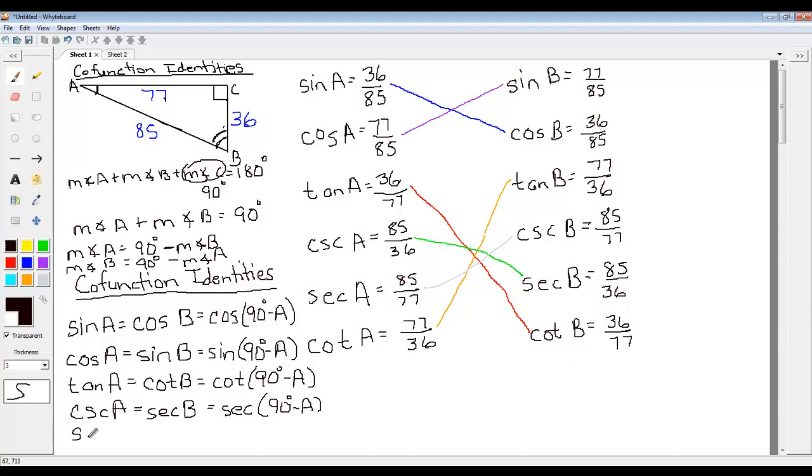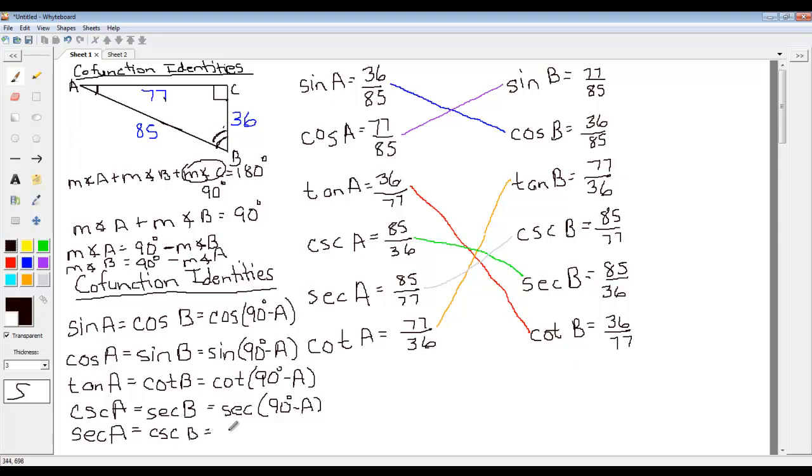The secant of A had the same value as the cosecant of B. Why do I keep doing that? Sorry. I was starting to write the whole thing out instead of abbreviating it.